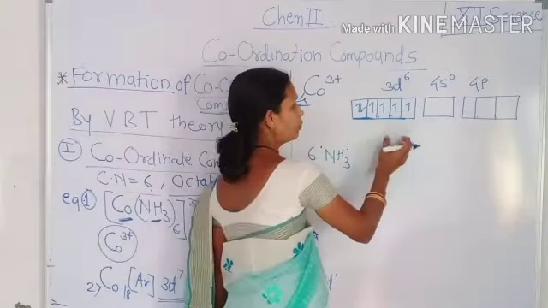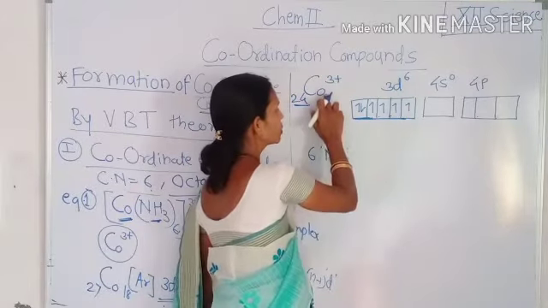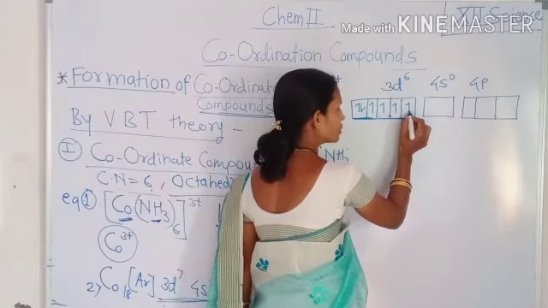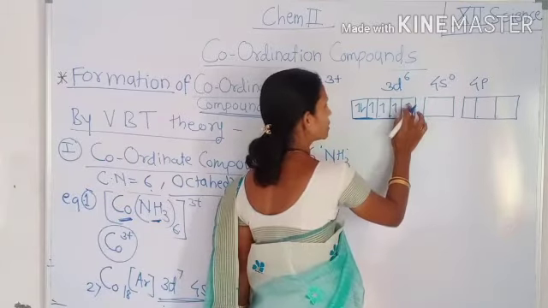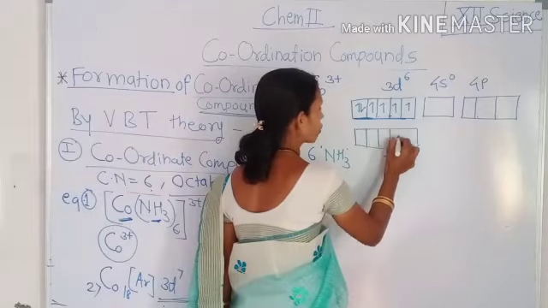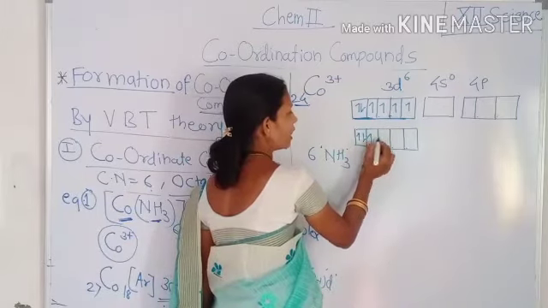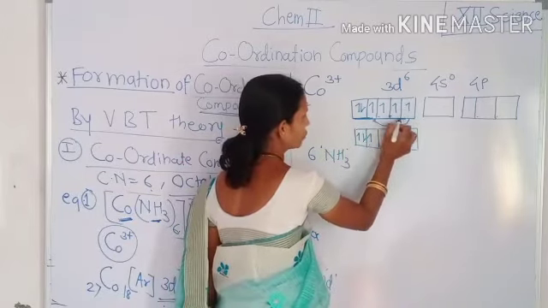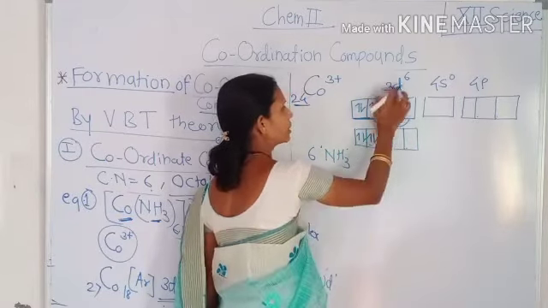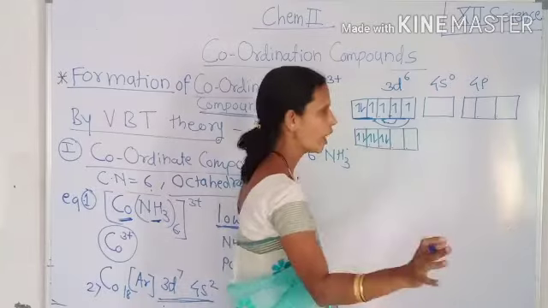Therefore, before donation of electrons by the NH3 groups to the Co3+ ion, the unpaired electrons in the 3d orbitals get paired. That means pairing of unpaired electrons in the 3d orbital takes place in the Co3+ ion. Therefore, pairing of electrons takes place in the 3d orbital, and two 3d orbitals become vacant.